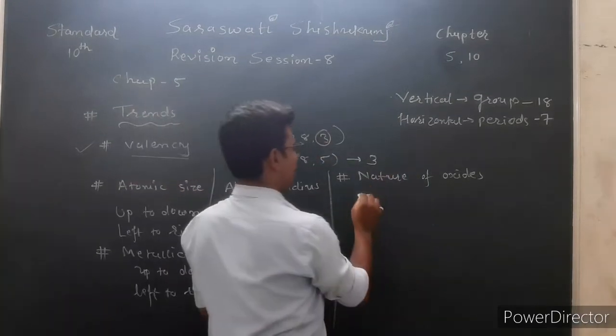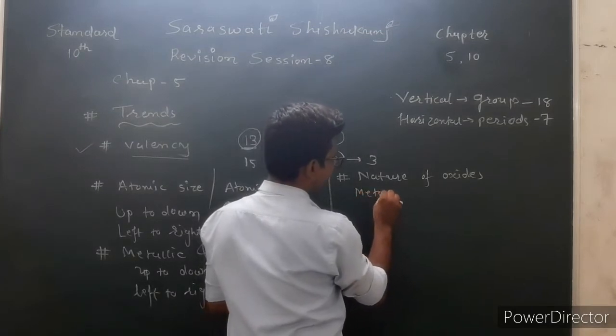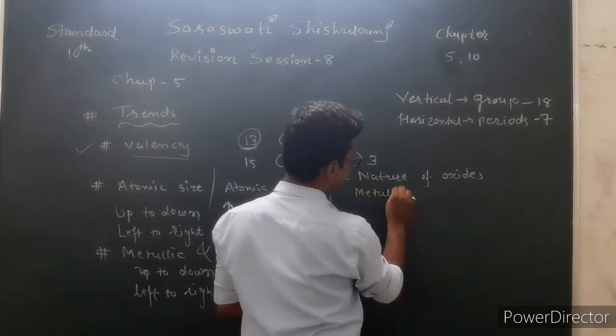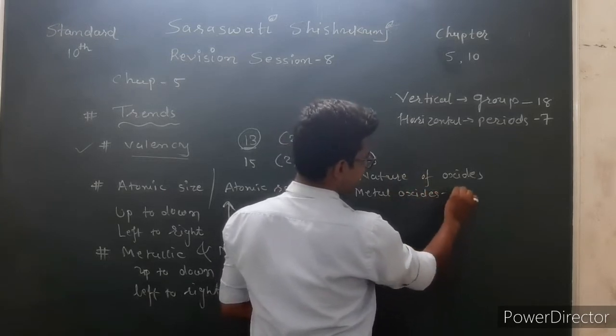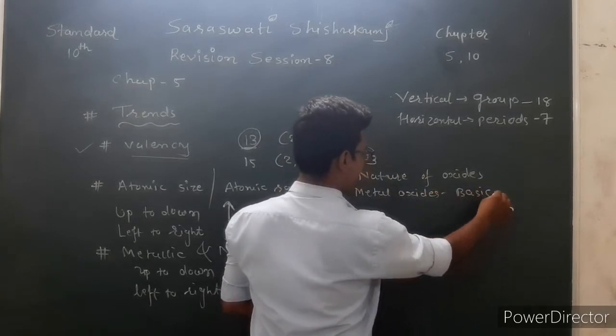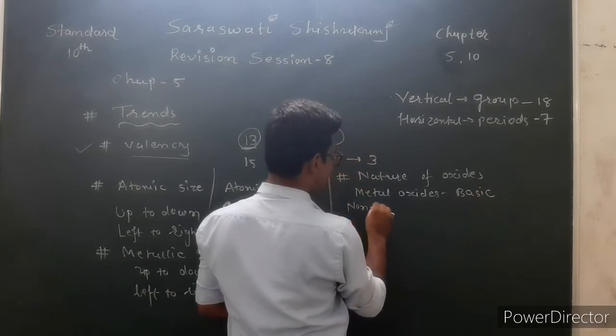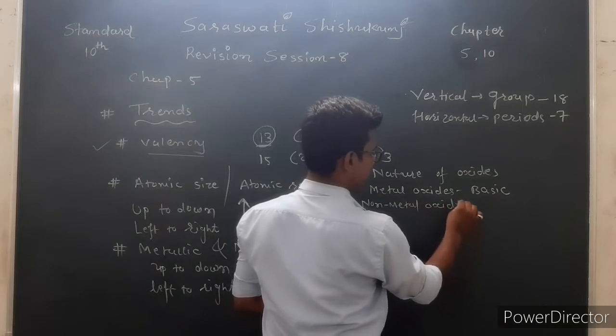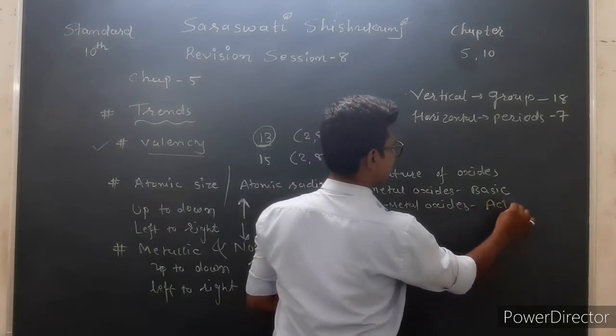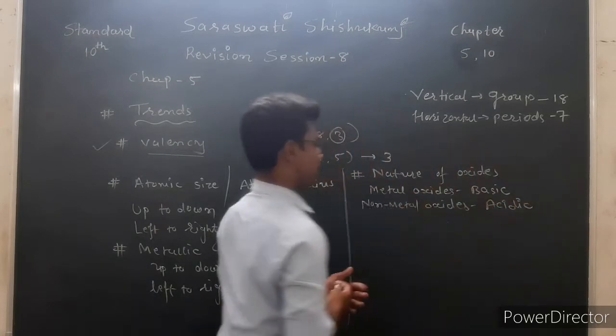So here we have the concept of metal oxides, that are basic, and non-metal oxides, that are acidic in nature. So simple.